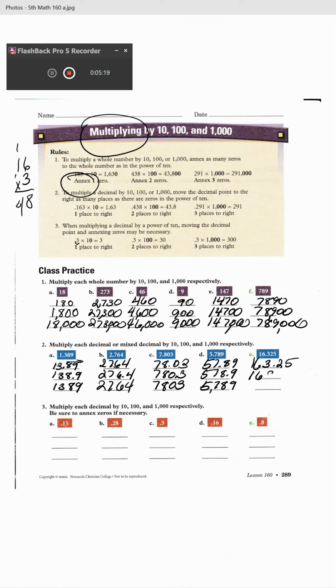And then 1632.5 times it by 100, times it by 1,000, and it just becomes a whole number.